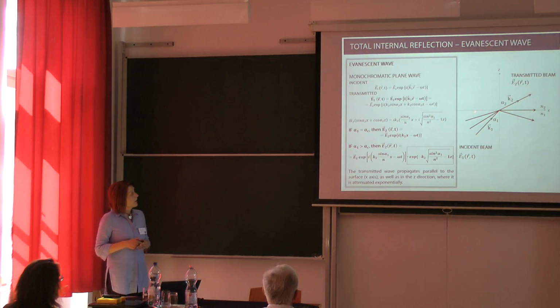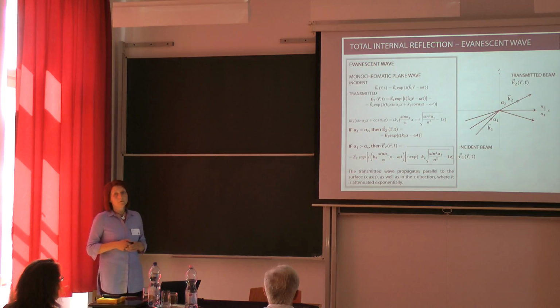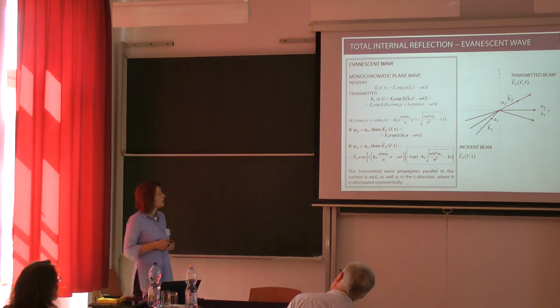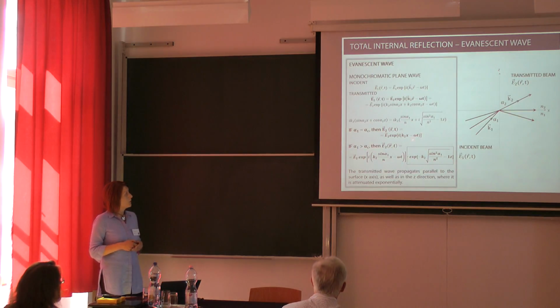So we have an electromagnetic wave which propagates parallel to the surface. Now if we go to the supercritical angles, that is, the angle of incidence is larger than the critical angle, then the z component becomes real and can be described by this part of the equation.